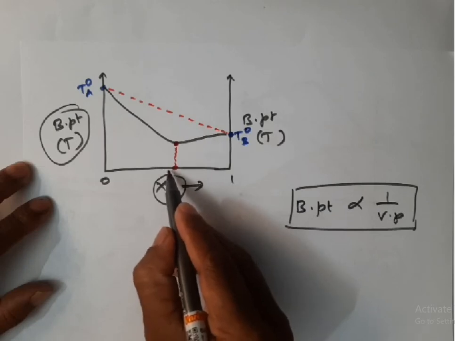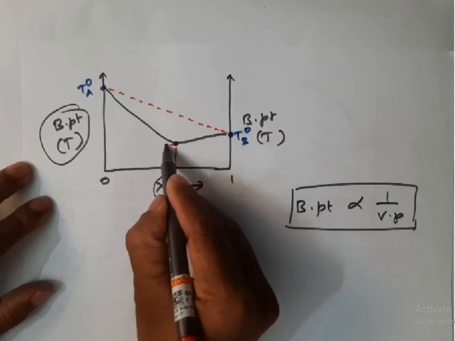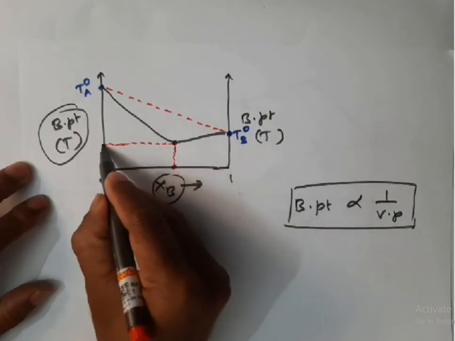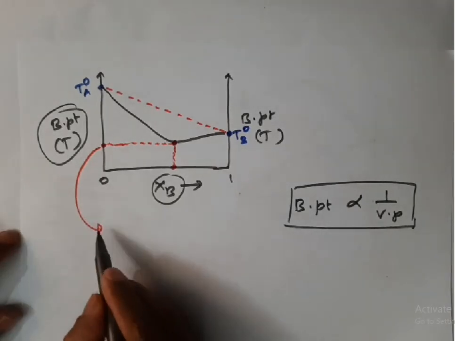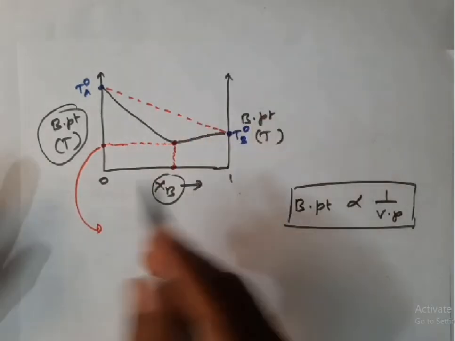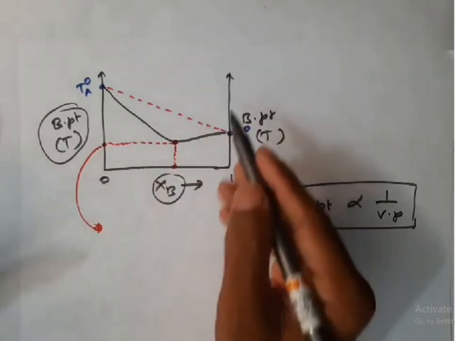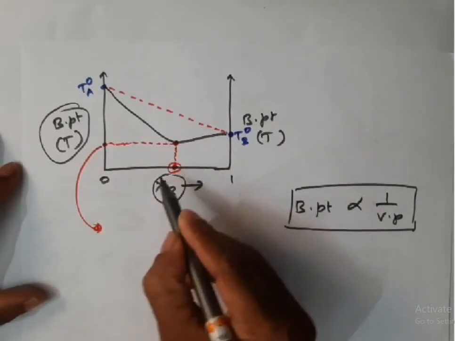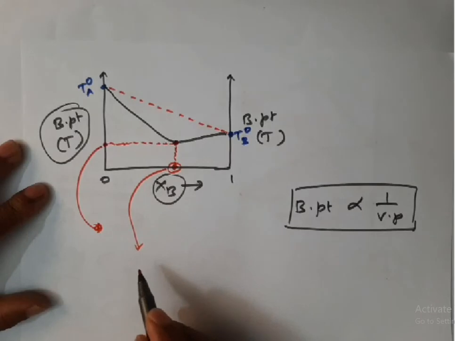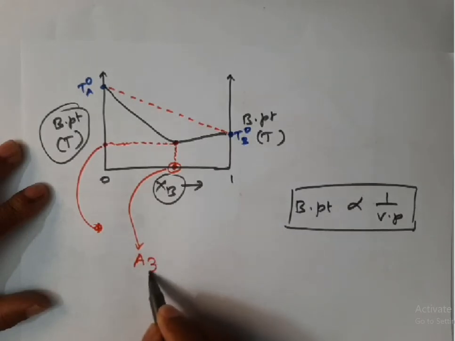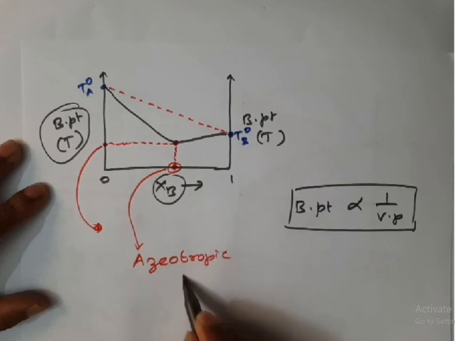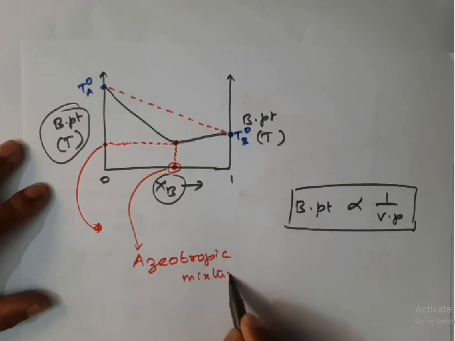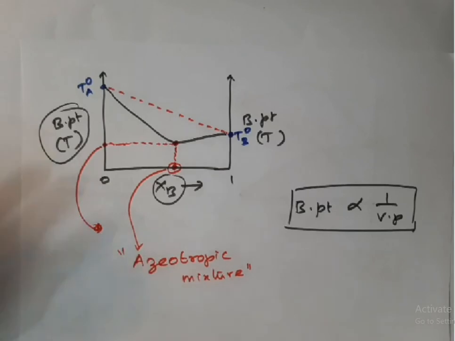This temperature, the lowest possible temperature here, and this composition is called an azeotropic mixture. A-Z-E-O-T-R-O-P-I-C, azeotropic mixture.